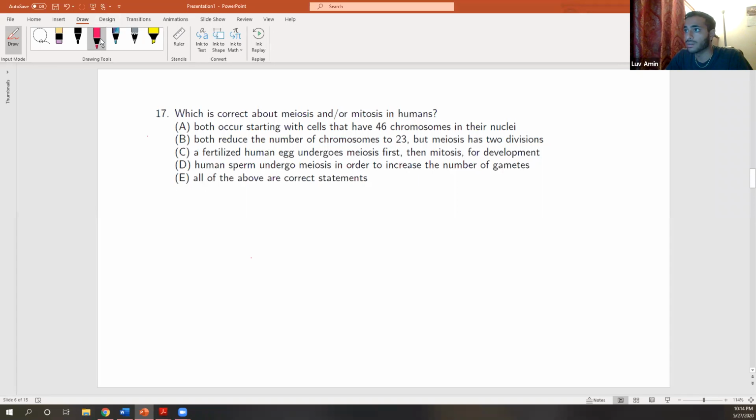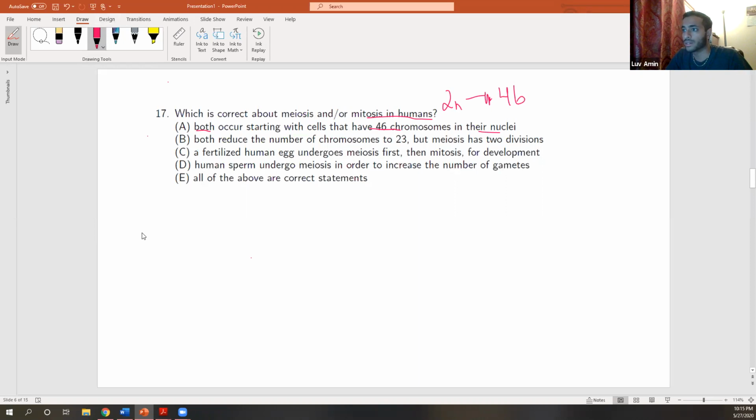All right, number 17 is asking us which is correct about meiosis and/or mitosis in humans, right? So either or both. This one is saying both: meiosis and mitosis occur starting with cells that have 46 chromosomes in their nucleus. Humans are 2N, so their diploid number of chromosomes is 46, right?